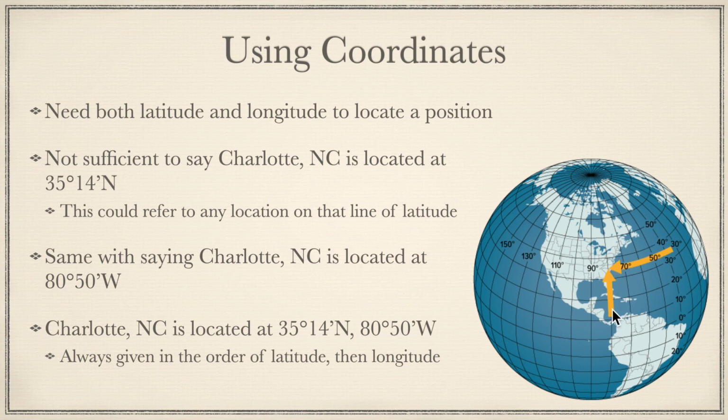Now, if you put those two together, you end up with a cross point here, where the line of longitude meets the line of latitude, and they cross each other, and that gives you a location. Now, these are always given in that order of latitude first, then longitude. So your north or south measurement, your latitude, always comes before your east or west measurement, your longitude.